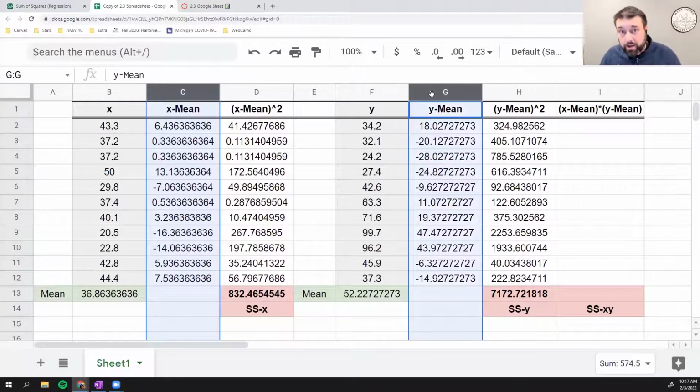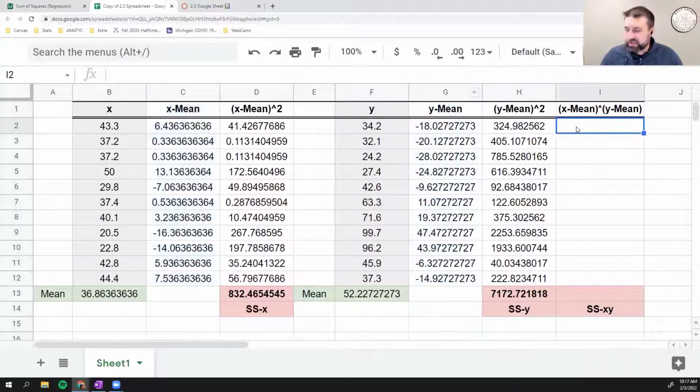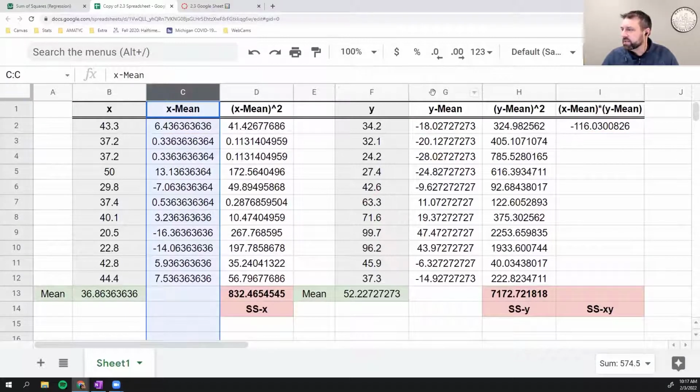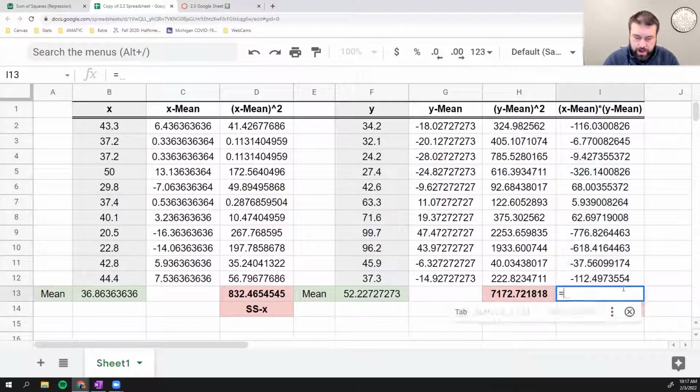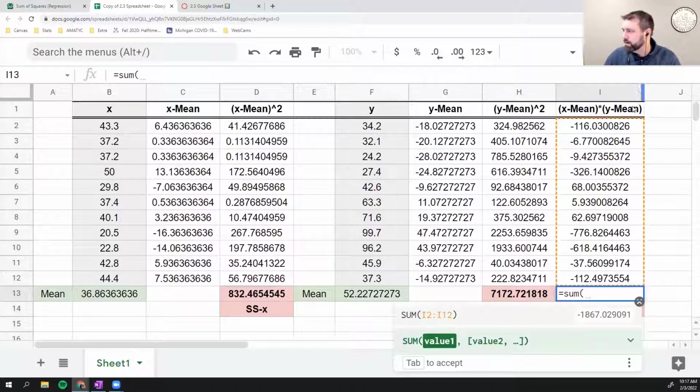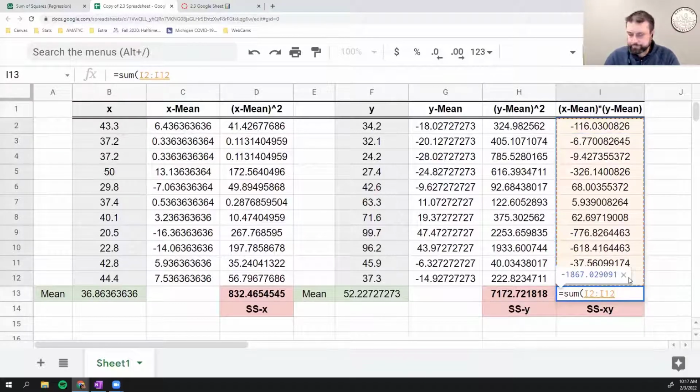So we have to find the product of column C and column G. We're just going to say equals this cell times, which is Shift 8, this cell. And there's the product. This is column C times column G. We're going to grab this and fill it down, and then we're going to add them all up. SUM of these values. Okay.